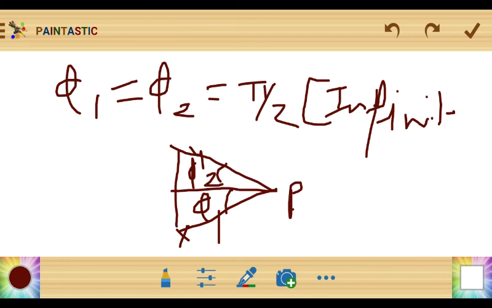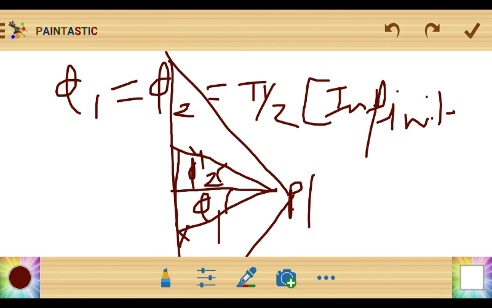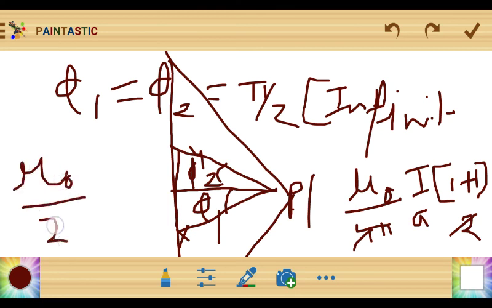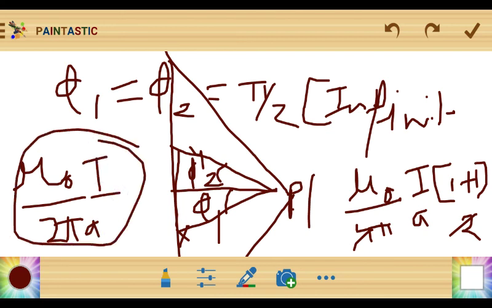On an infinite wire the length becomes longer and longer, so both angles become 90 degrees. So the value of sin 90 is 1, both will be 1, so the answer will be mu 0 upon 4 pi, I upon a, into 1 plus 1, which is 2. The 2 cancels out, so it is mu 0 I upon 2 pi a. This is the magnetic field.